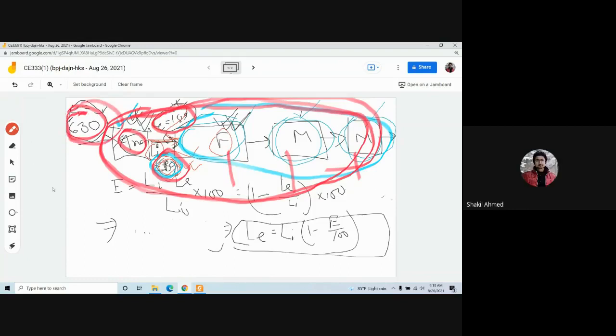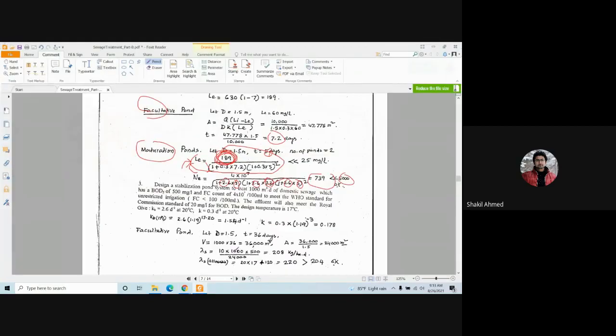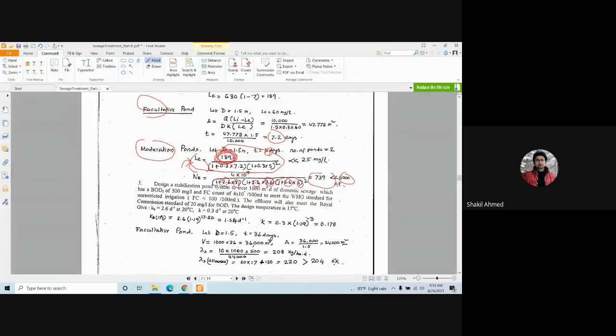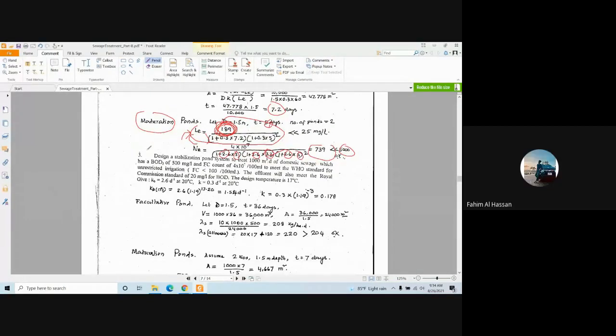How much is going in? 630. Now what is happening is that this has been reducing at different stages. That's a different thing. But for this system, what is entering? 630. That's it. So Li will be 630. Clear? Yes, sir.